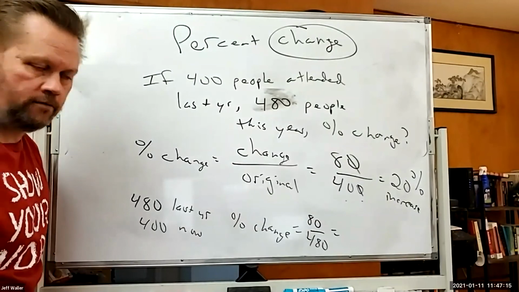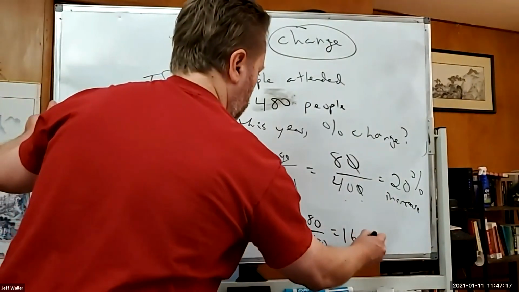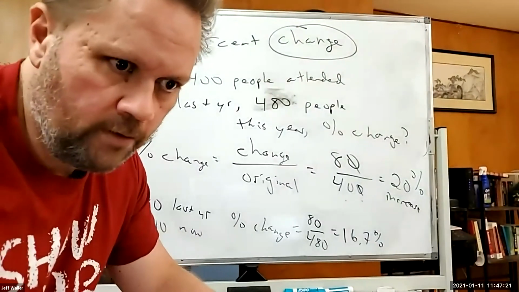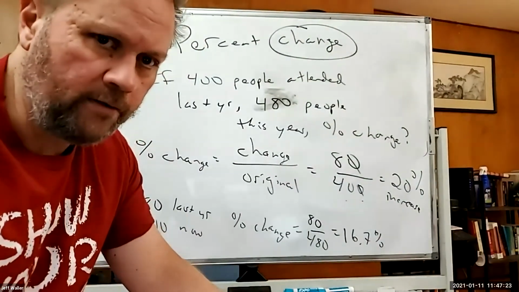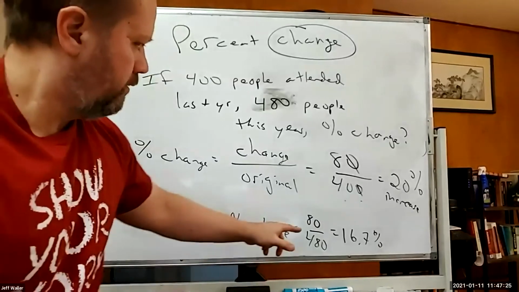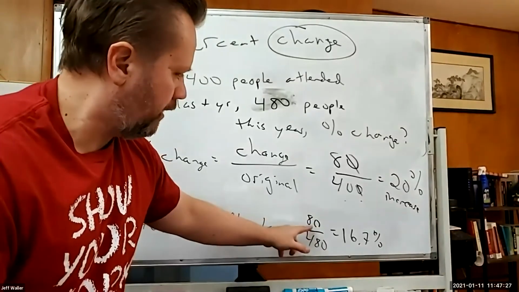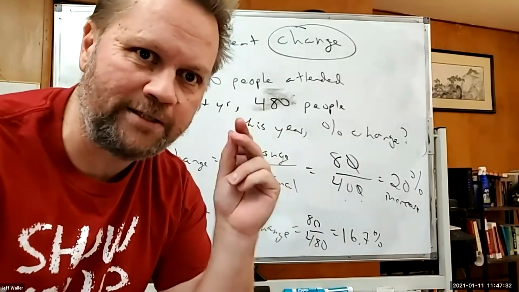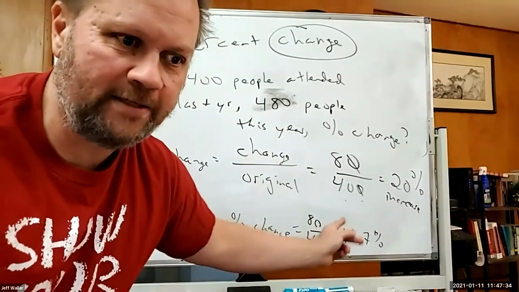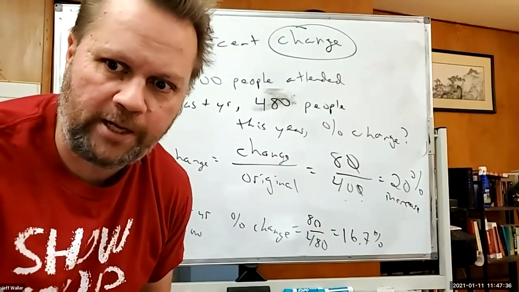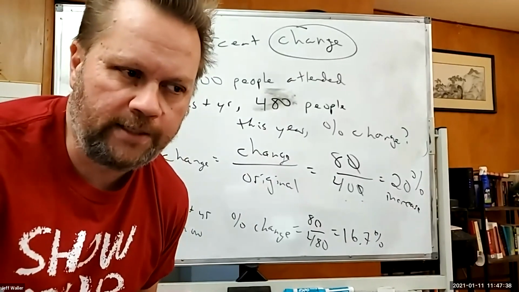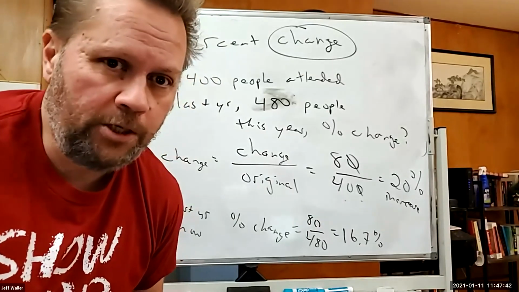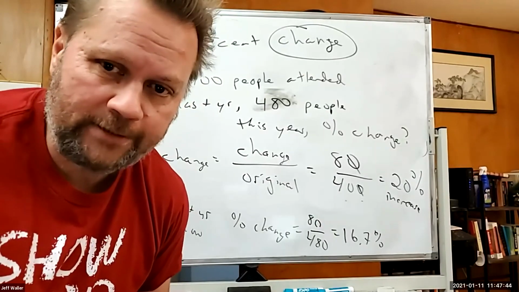Correct. Yay. How did you figure that out? The zeros cancel. 8/48 is 1/6, and I just know that 1/6 is 16.7% because it shows up a lot. I do a lot of statistics, and when you roll a die, the probability you get any number is 1 out of 6.